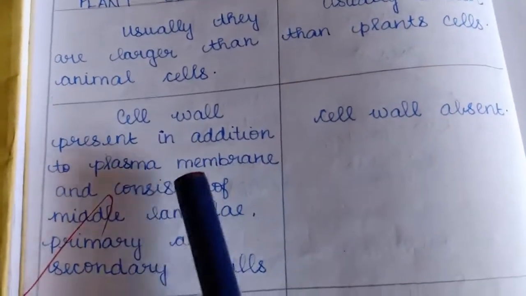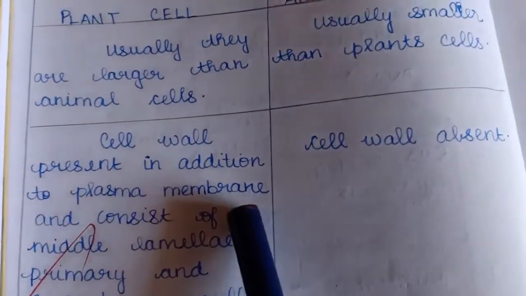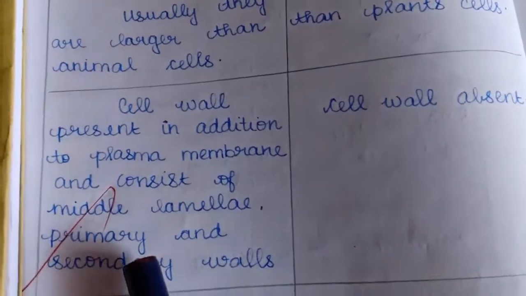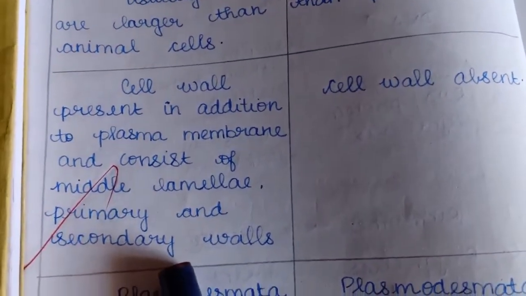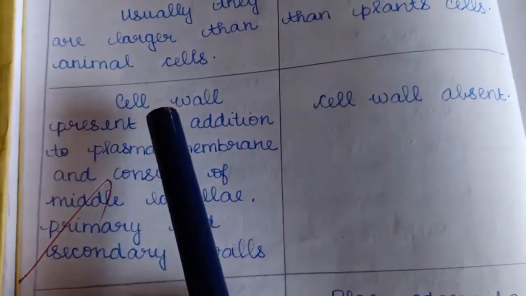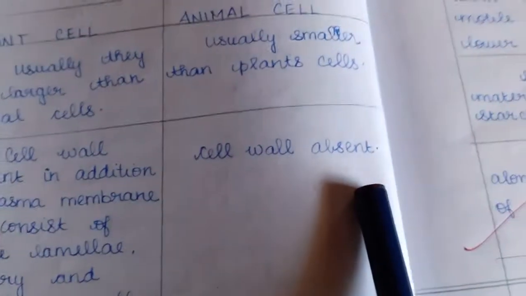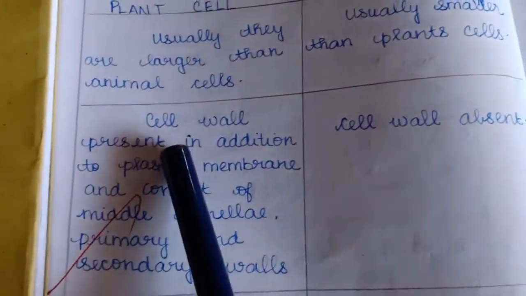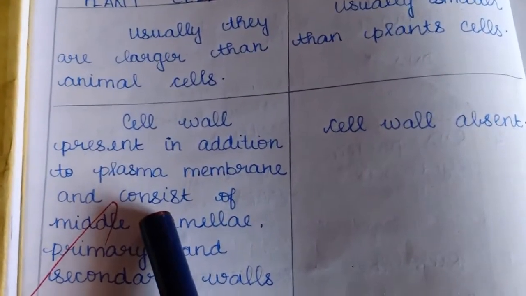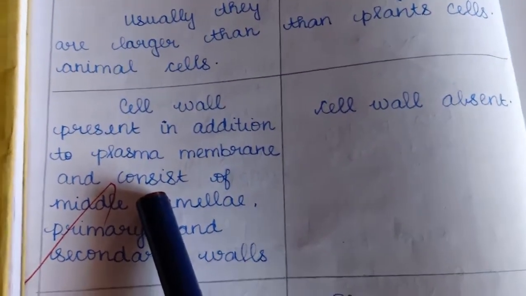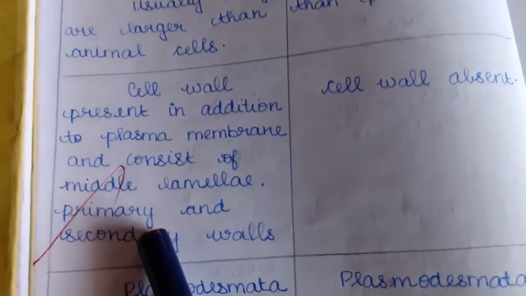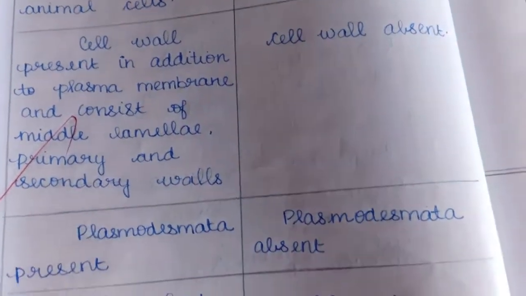Cell wall is present in addition to the plasma membrane and consists of middle lamellae, primary wall and secondary wall. So in plant cells you have a cell wall, whereas in animal cells the cell wall is absent. Apart from the cell wall, they also have a membrane called the plasma membrane. This consists of middle lamellae, primary wall and secondary wall.